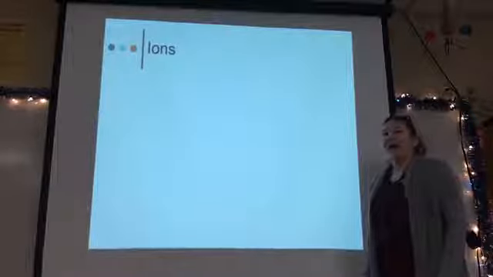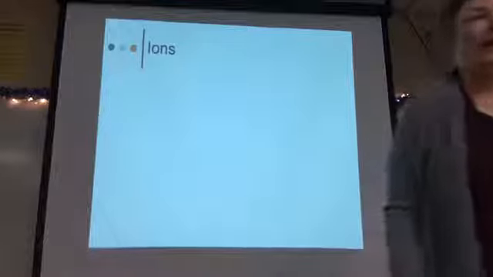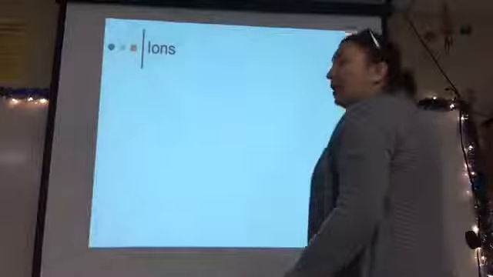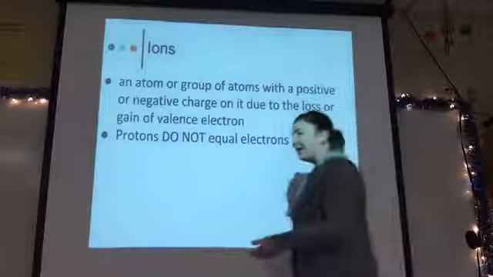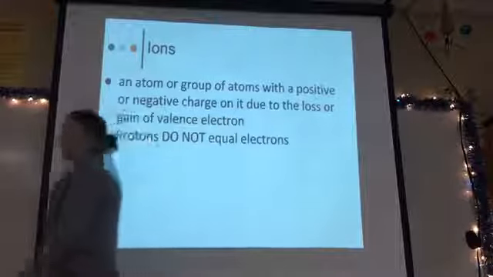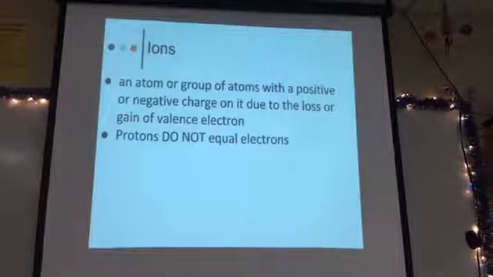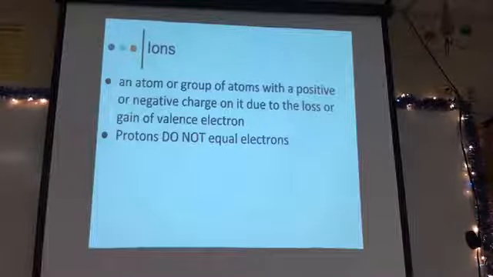Ions. Ions are charged particles. If something is an ion, it's charged. So an ion is an atom or a group of atoms that has a charge on it.